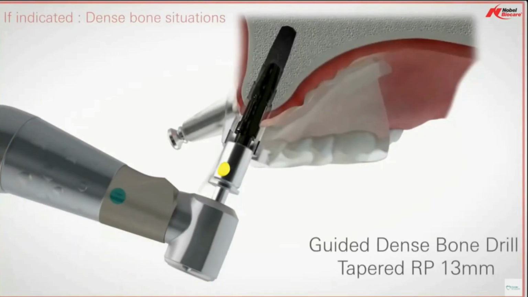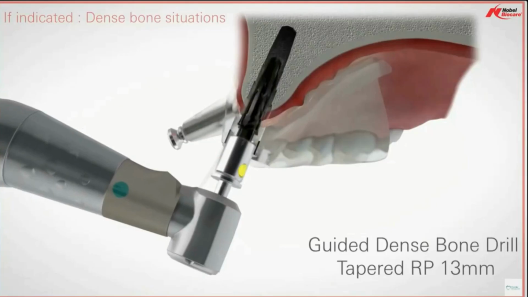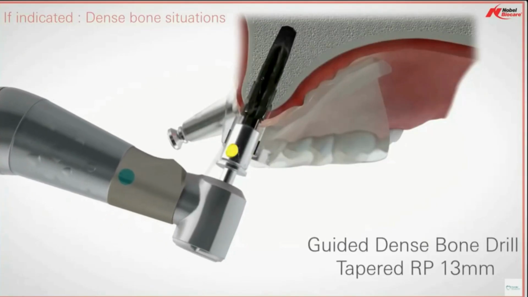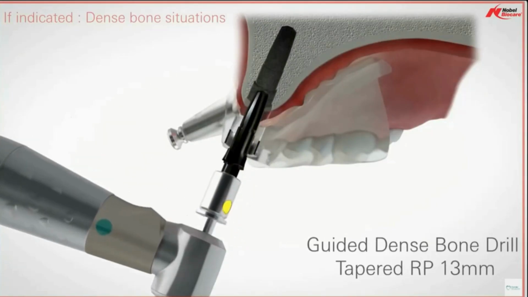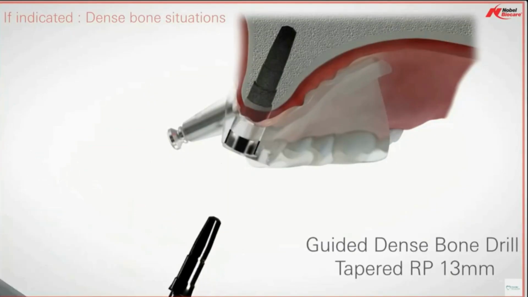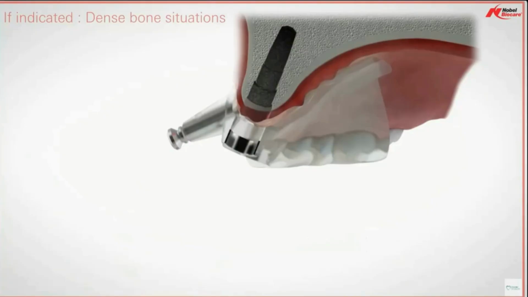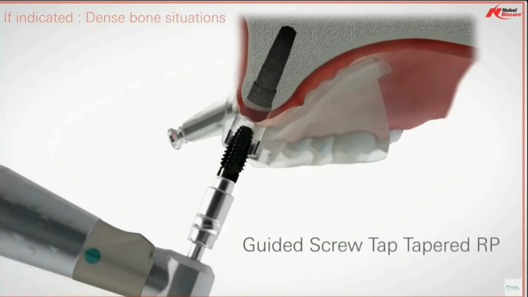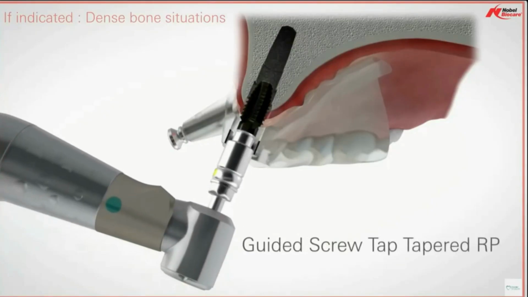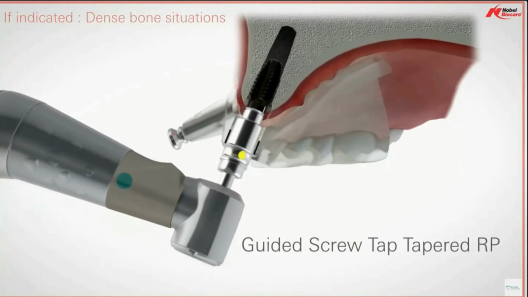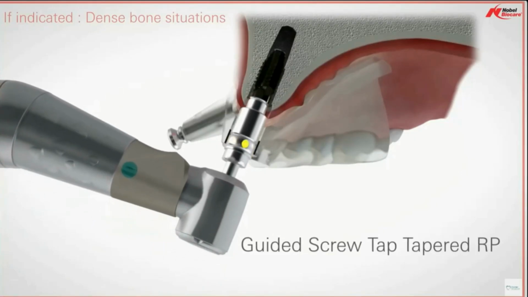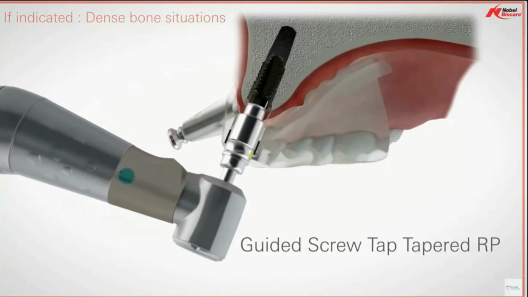If it's dense bone, you'll go in with what they call a fine preparation drill or the final site drill, and all that does is take out the steps from the varying drills to make sure that the implant seats. Then you may or may not use a screw tap. I think screw taps are fairly rare these days unless it's really dense bone.